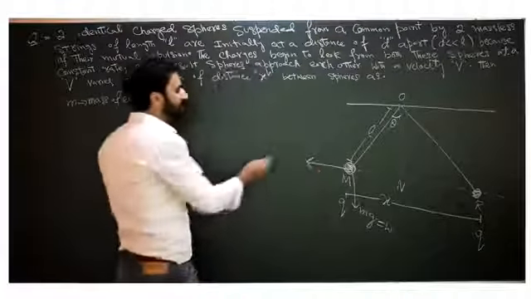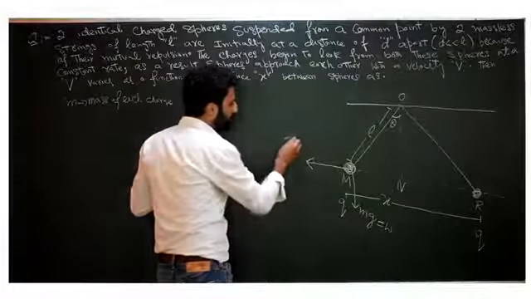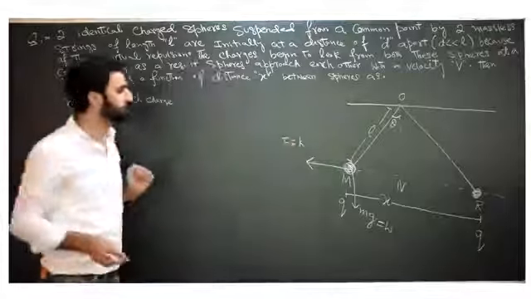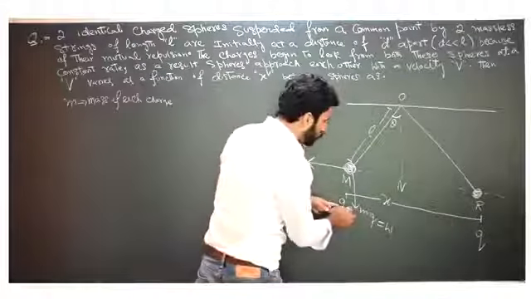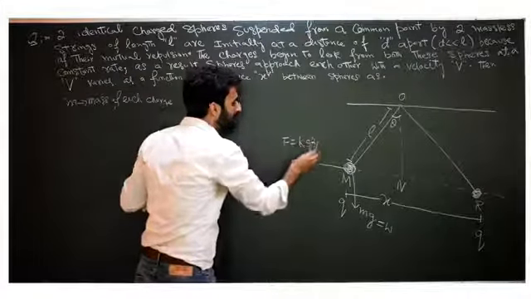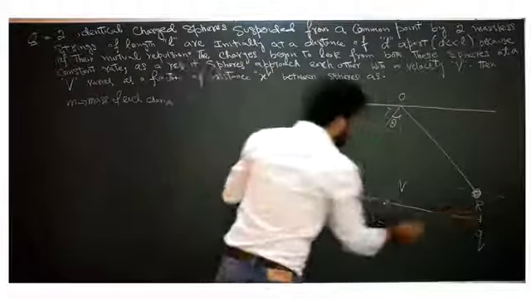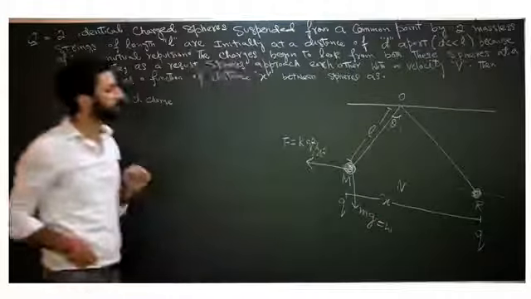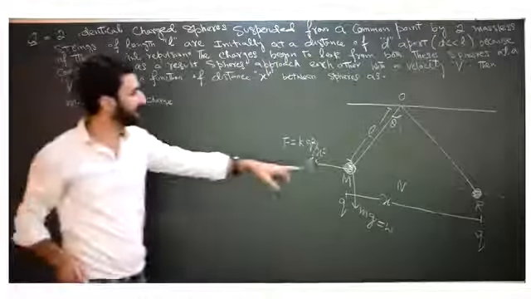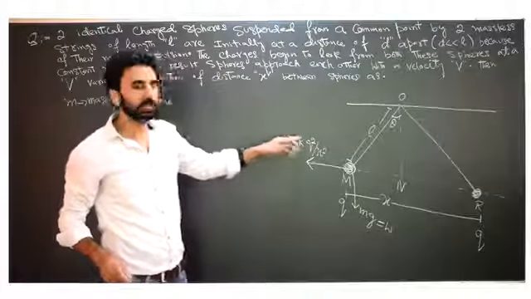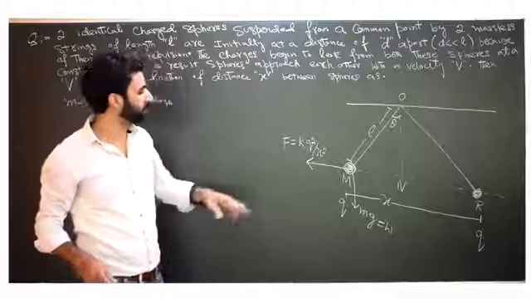And how much will that be? F is equal to K, which is 1 by 4 pi epsilon naught, times Q1 Q2, which is Q into Q, that's Q square, divided by the distance between the two charges squared, that is x square. This is the electrostatic force of repulsion acting here, where K is the electrostatic force constant, 1 by 4 pi epsilon naught.